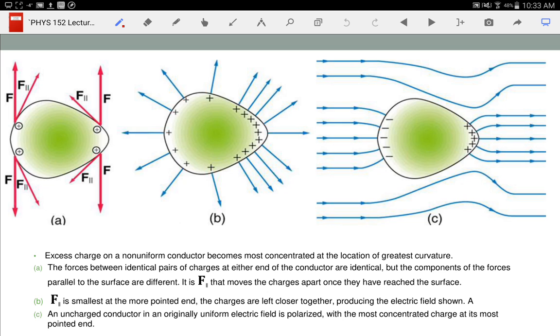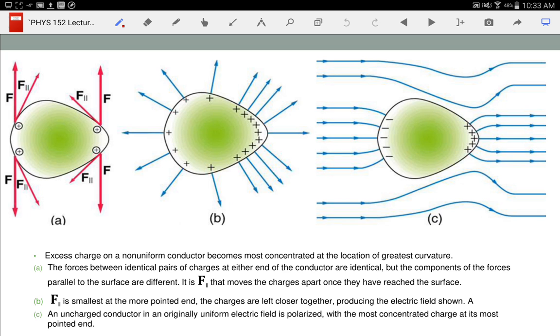We haven't done any calculation. In graduate school, we had to do the calculations on the charge density based on the curvature. But the stronger the curvature, the higher the charge density.